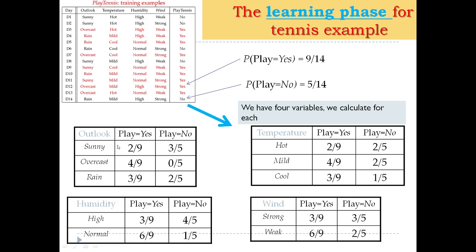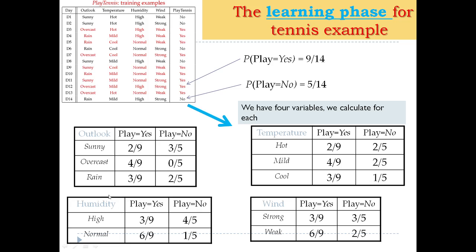For each attribute value we calculate these probabilities. For the first attribute, outlook, we have three values: sunny, overcast and rain, for class yes and for class no. All these probabilities we need to calculate.